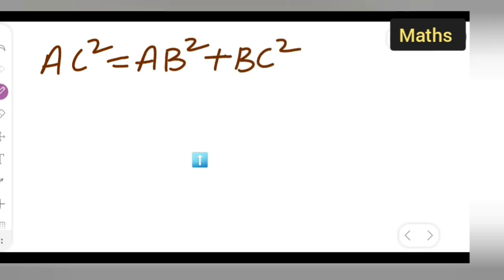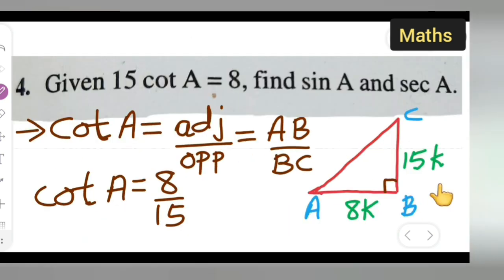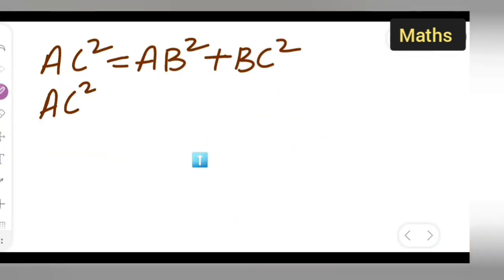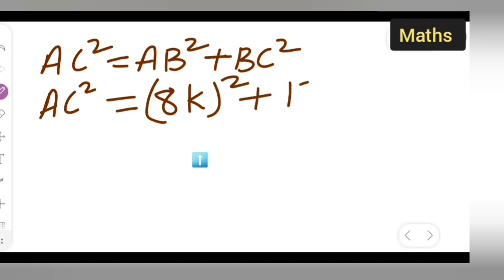AC is not given, we need to find out AC. AB and BC are given. AB is 8k and BC is 15k. So AC square is equal to 8k square plus 15k square.